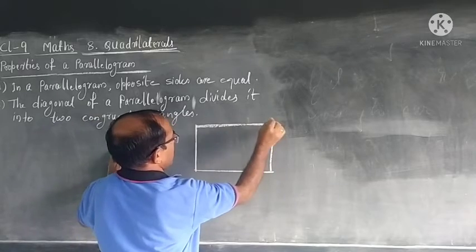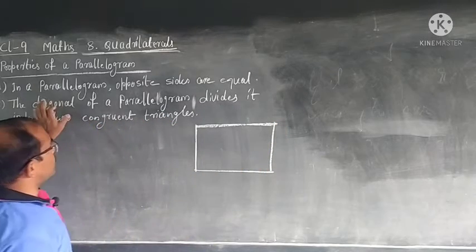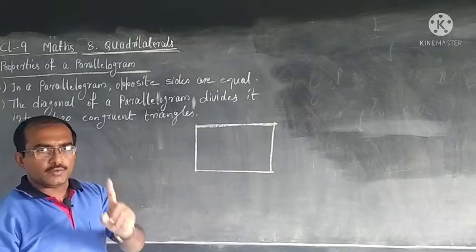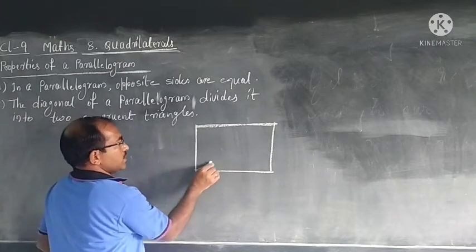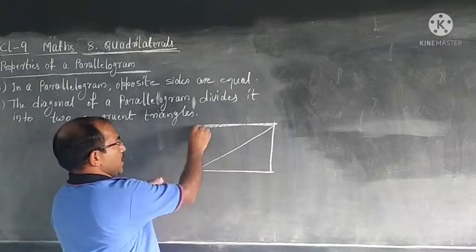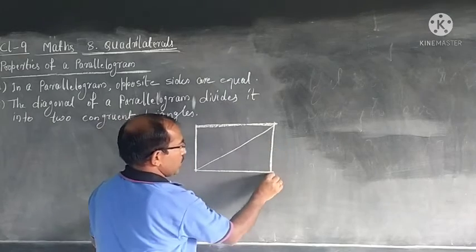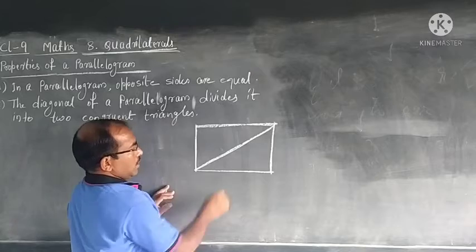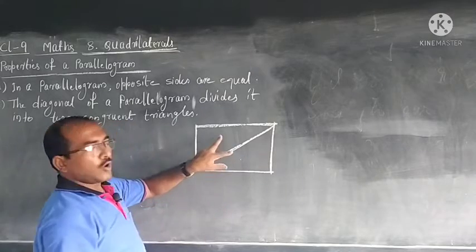This is a parallelogram, and in this property we are not talking about two diagonals, but any one diagonal. This is the diagonal of this parallelogram. Then what will happen? Opposite sides will be equal, and with the diagonal drawn, there are now 2 triangles.